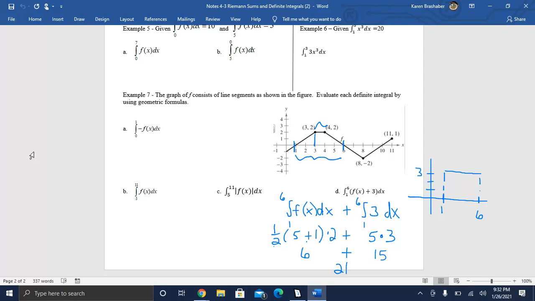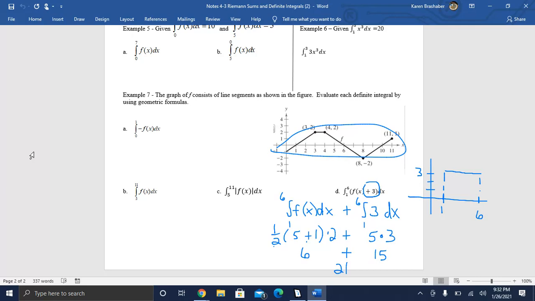So you can think of this plus 3 either separate like I did, integrating that, or you can think of it as lifting up this entire graph. So lifting up this shape and putting a rectangle underneath it that has a height of 3 and then a width of, if you did the whole thing, it would actually go from 0 to 11.